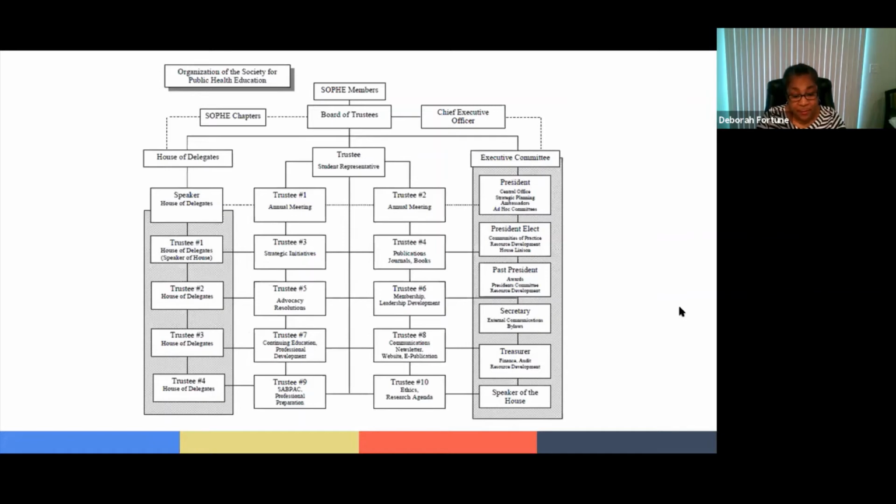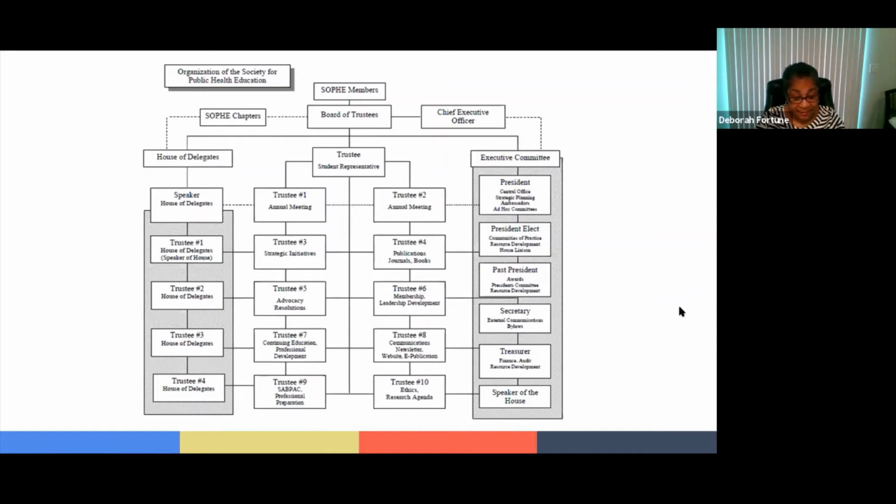We also have the Board of Trustees, and we also have the Executive Committee. The Board of Trustees consists of 20 members, which have about half turnover every 2 years, except for the president-elect. The president has a 3-year term. You come in as president-elect, then you're president, and then you are past president, as well as the student trustee.